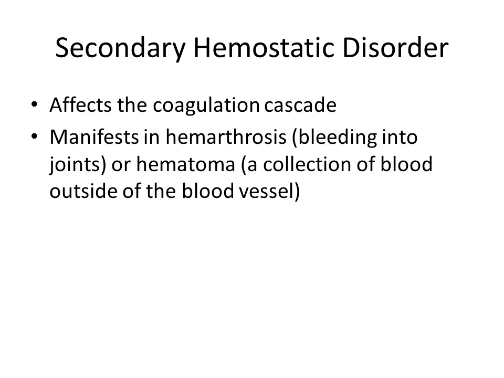If the disorder affects the coagulation cascade, you will see hemarthrosis or hematoma. Hemarthrosis is bleeding into a joint, and hematoma is a collection of blood outside the blood vessels. When it affects the coagulation cascade, it is known as a secondary hemostatic disorder.